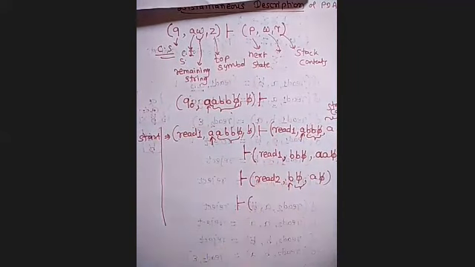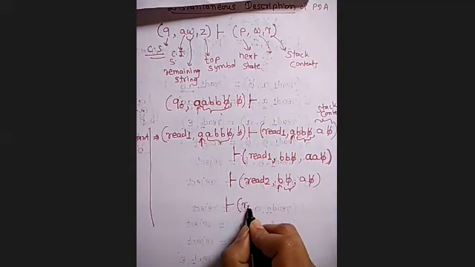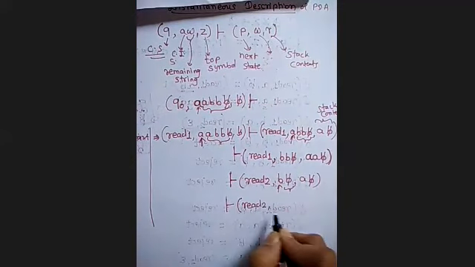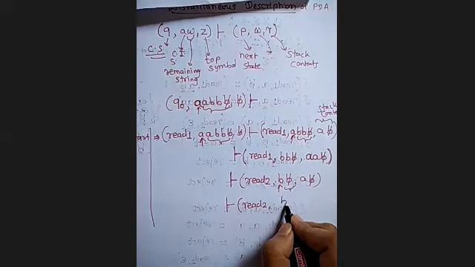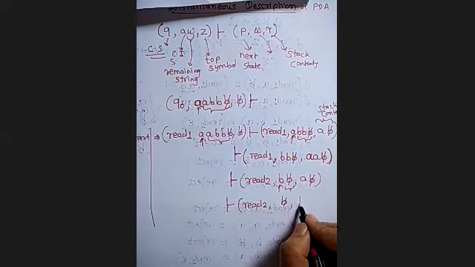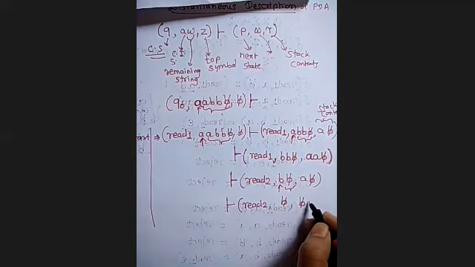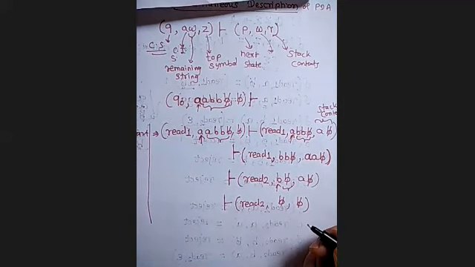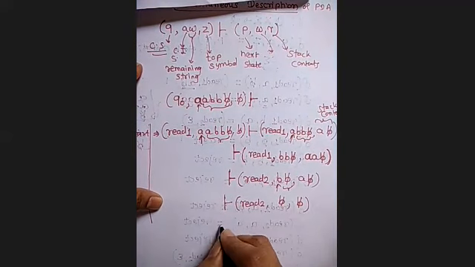Now read 2. So in read 2, if b comes, the next state is read 2, correct. And now blank, correct. And for this b, a is popped from the stack. So we know now: read 2, blank, blank, so what is my next state?